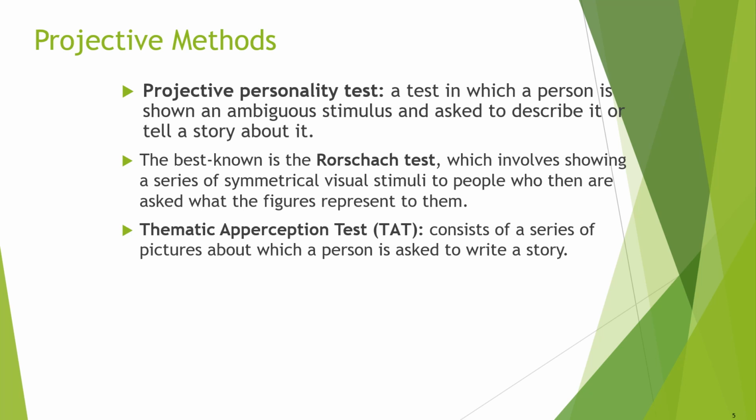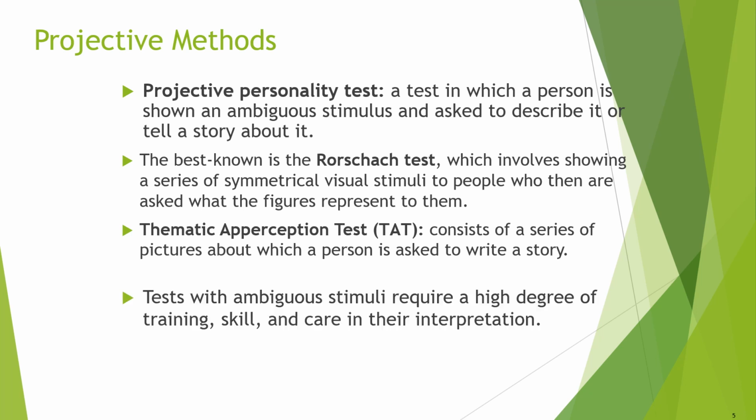So you are showing them an actual picture and then getting them to tell a story about it. The tests with ambiguous stimuli require a high degree of training, skill, and care in their interpretation. So you have the projective personality test, best known as the Rorschach test, and then you have the Thematic Apperception Test.